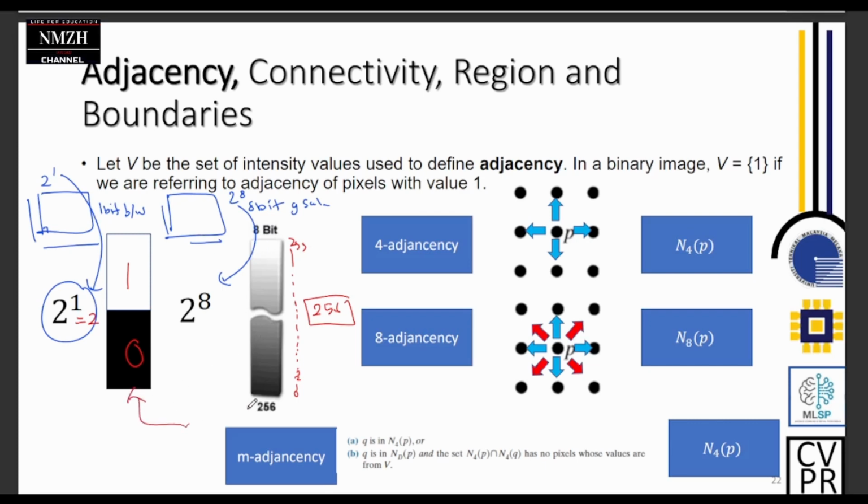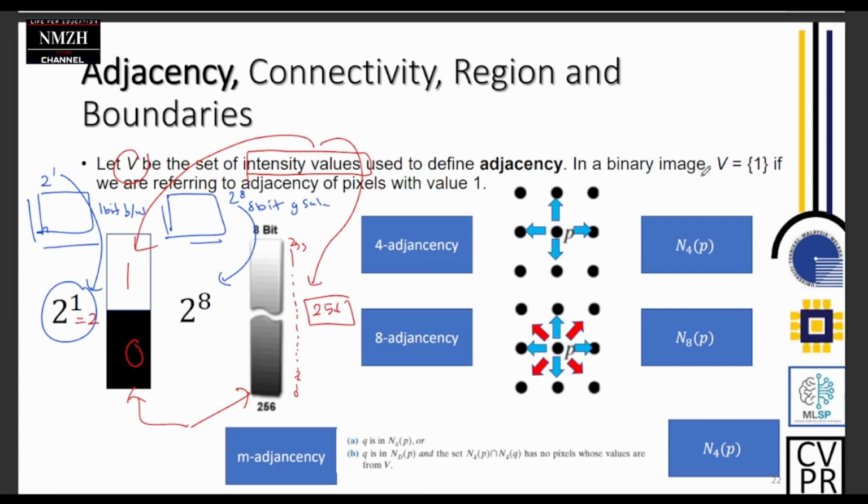Normally, to describe adjacency, we use a set V, a set of intensity values, used to define adjacency.